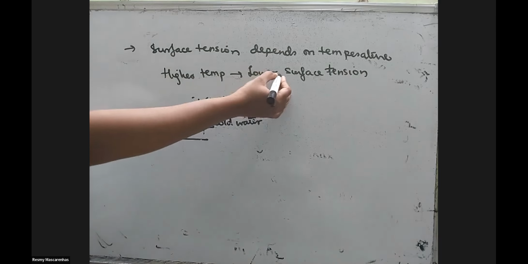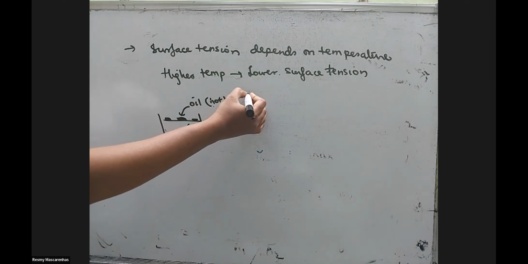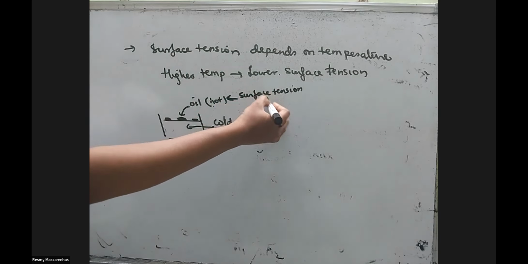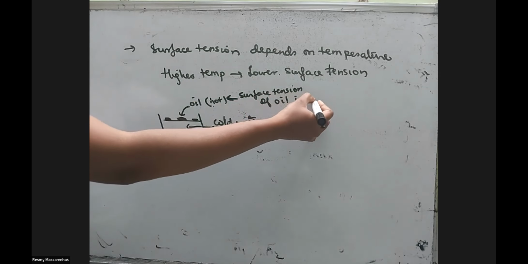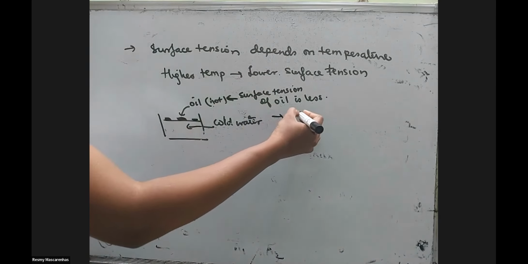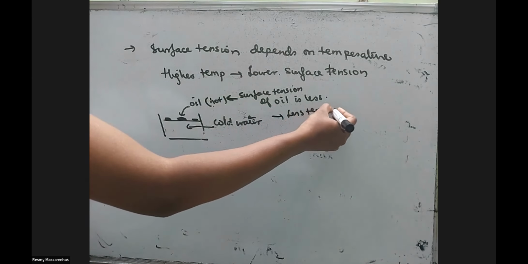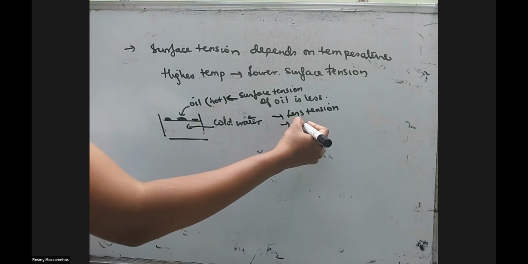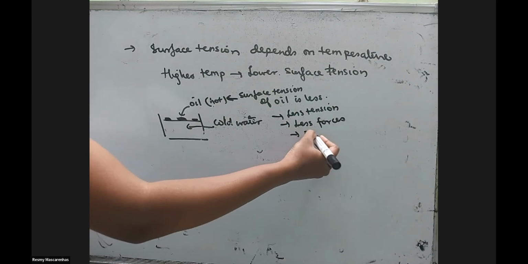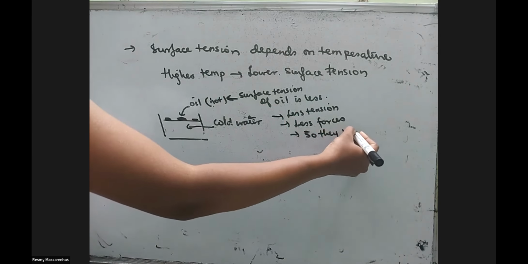Higher the temperature, I told you, the surface tension of oil is less. Less means what? They will not try to come close to each other. Less tension means less forces. So they will spread.